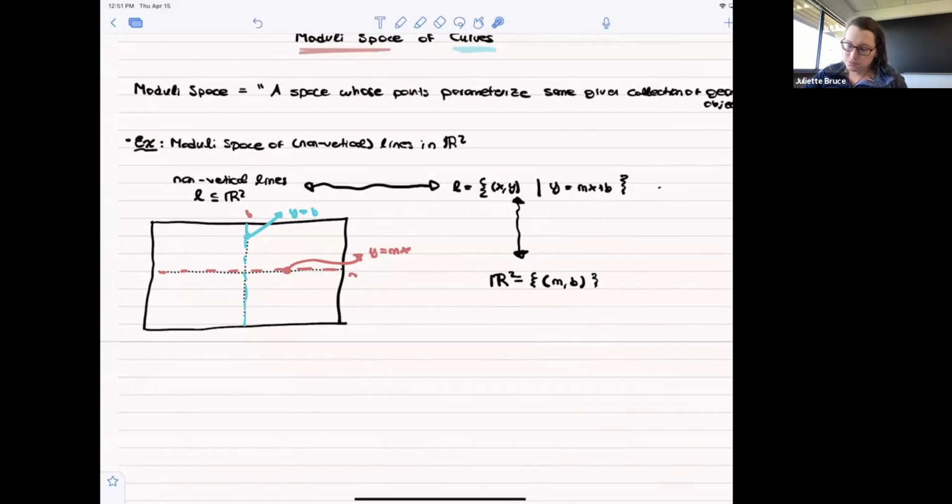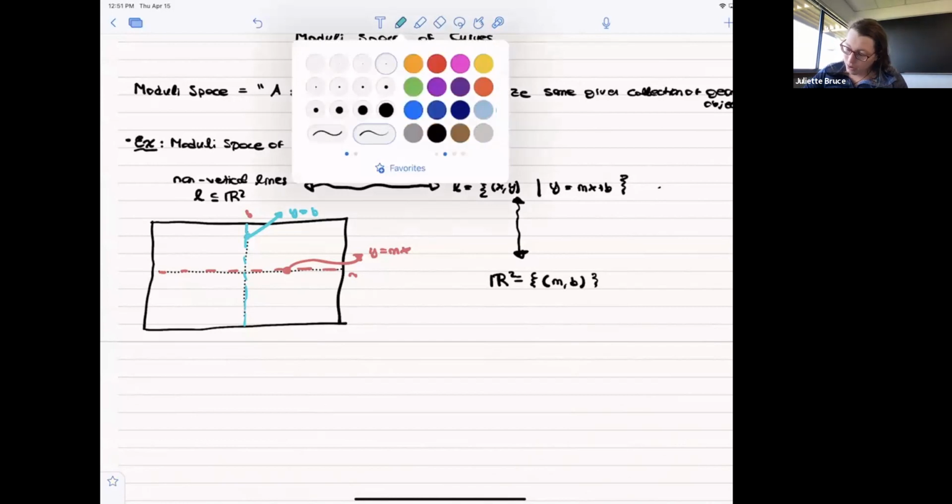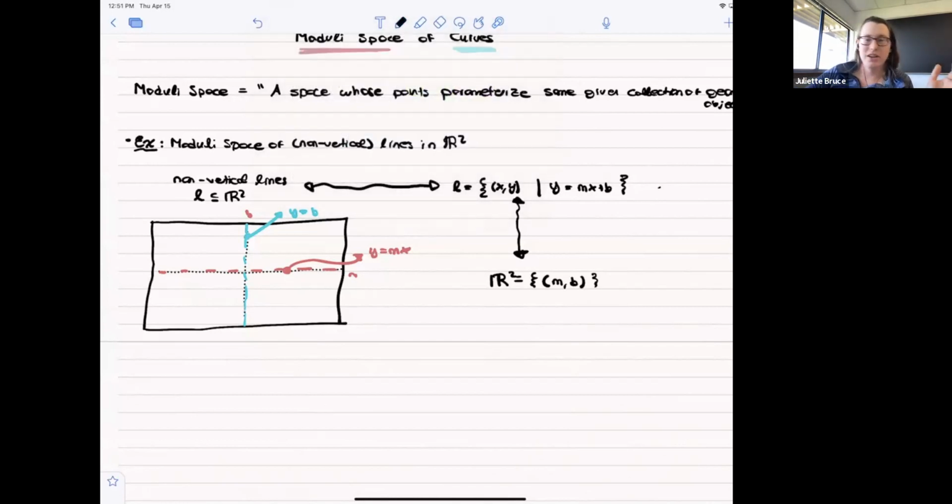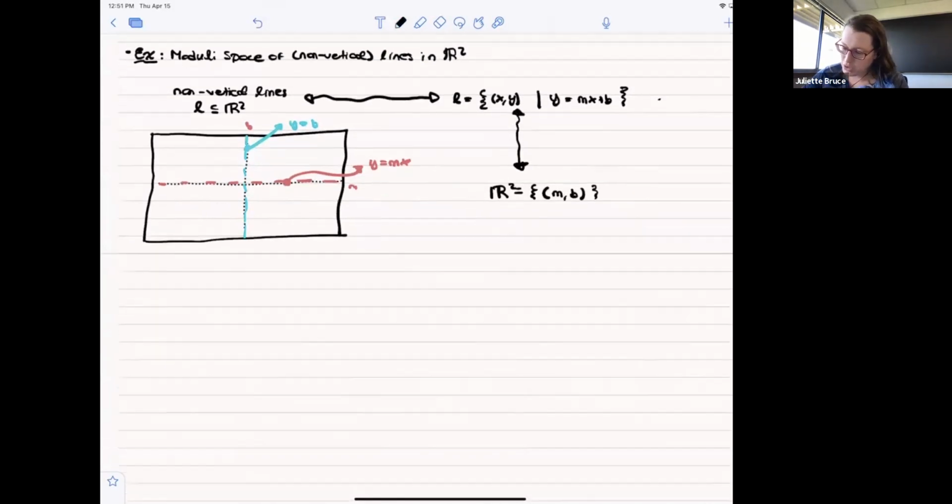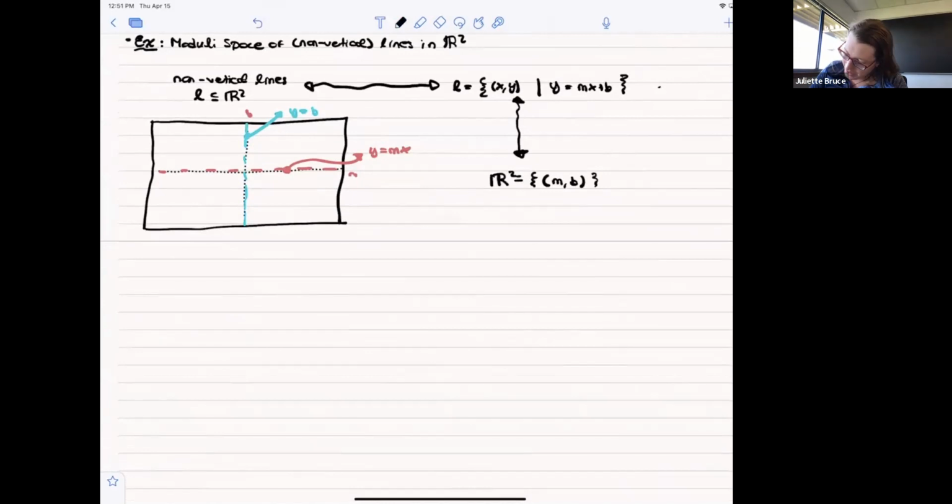And so the question is, why might you care about moduli spaces? Why would you ever think about this? And the answer is, instead of giving you a concrete answer, I'm going to ask a different question. Suppose I take a point. So let P1 comma P2 be a point in R2.